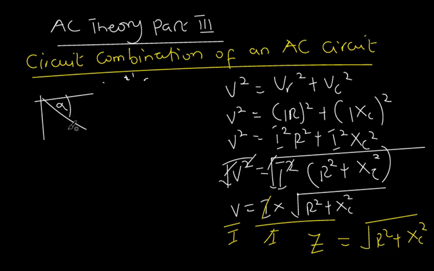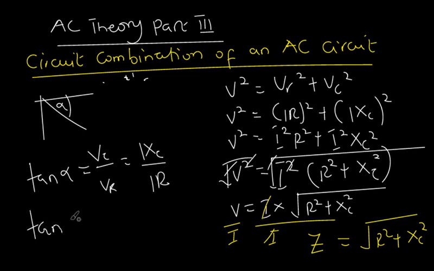So in case we are to find the phase angle, tan alpha is given to us by what? VC over what? VR, which means our VC is what? IXC, and then our VR is what? IR. Now the current will cancel out, so we have tan alpha, which is the phase angle, given to us by what? XC, which is the capacitive reactance, divided by the resistance of the circuit.